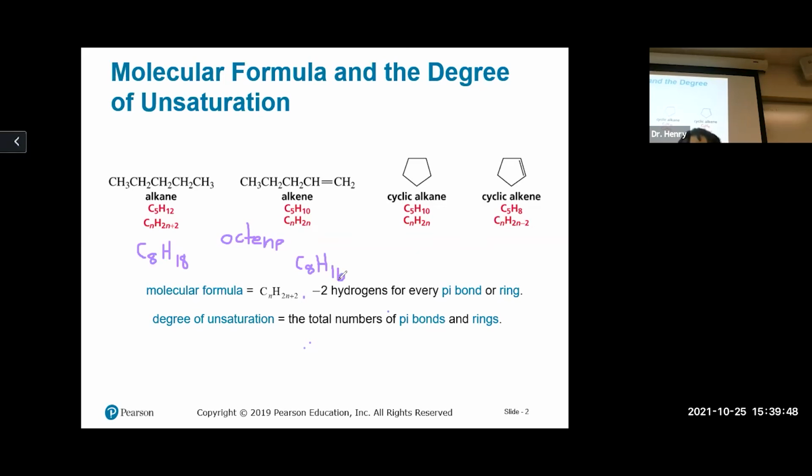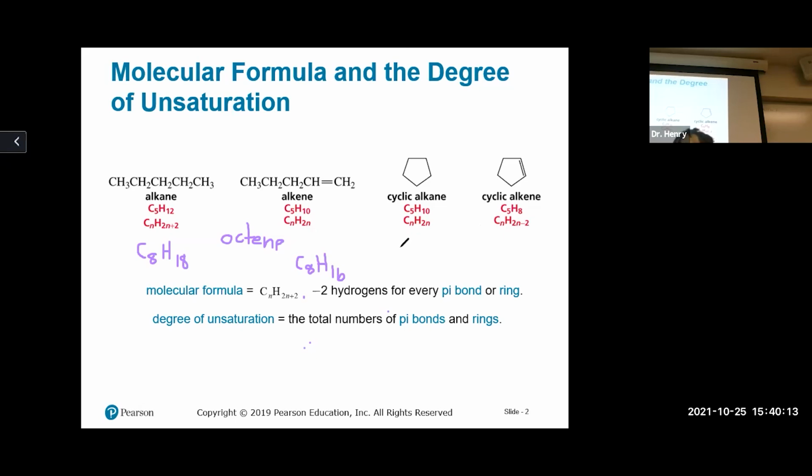Piece of cake? Okay, so ring structures are also going to have the CnH2n. Cyclic alkenes are going to have CnH2n minus 2.